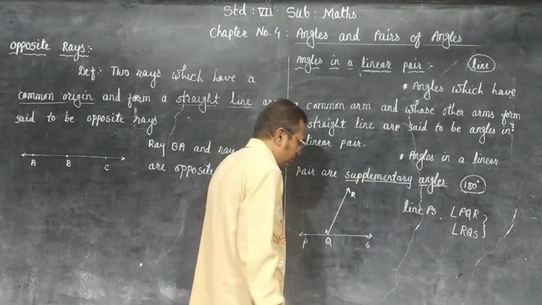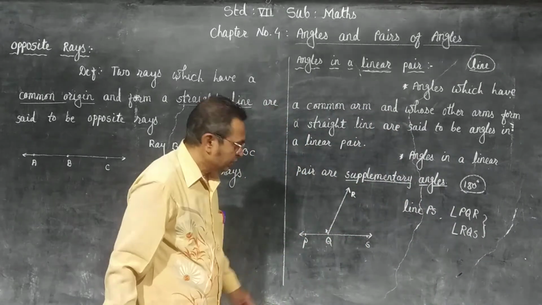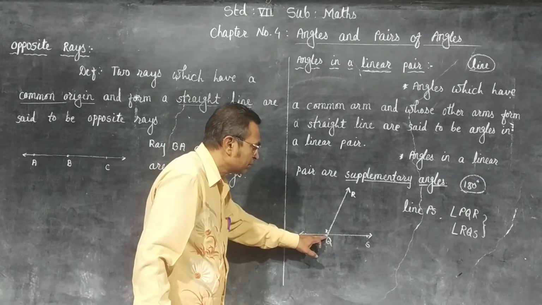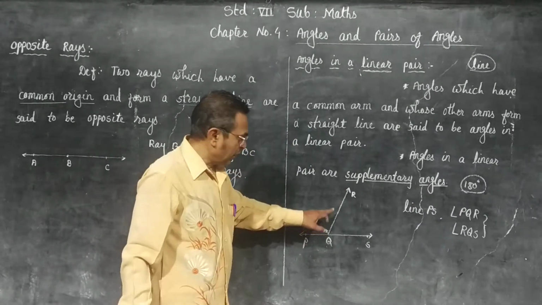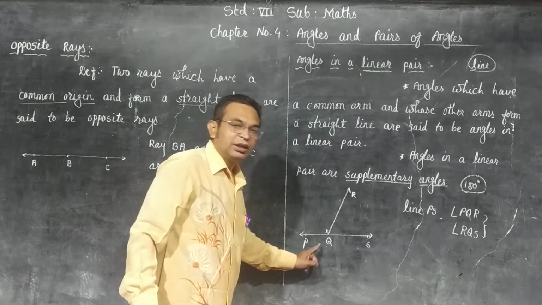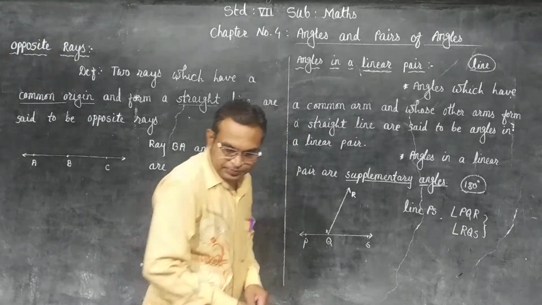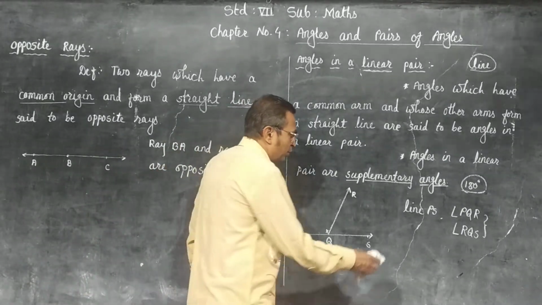Both angles form on a straight line, on line PS. They have common arm QR, and they form on a straight line.